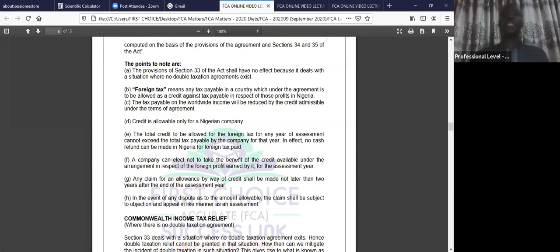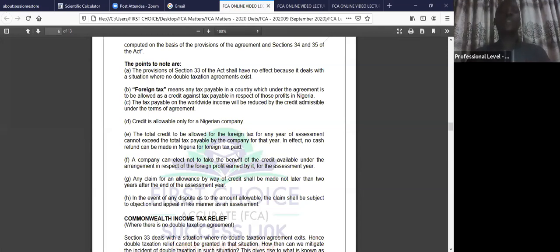Of course, you know that it is a percentage of the total income that you pay as tax. So if you want to know your tax percent, you have to say foreign tax divided by total income times 100. That gives you your foreign tax percentage.